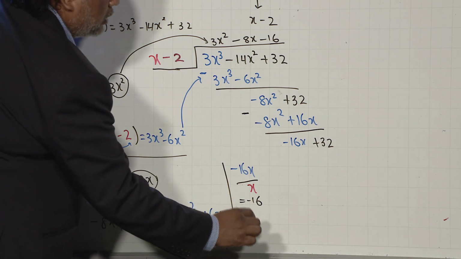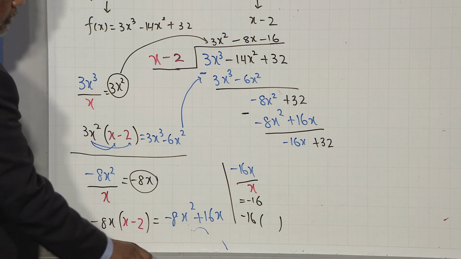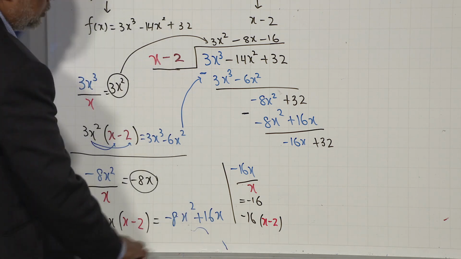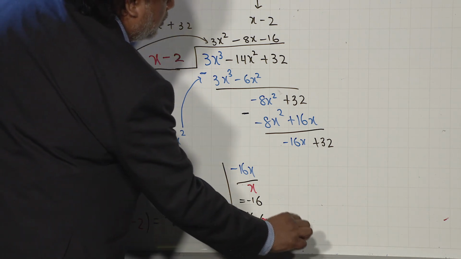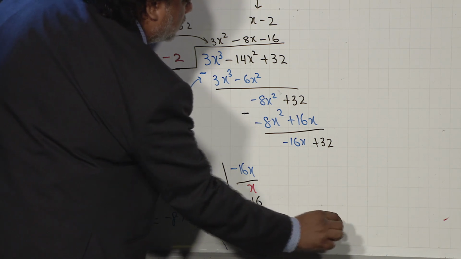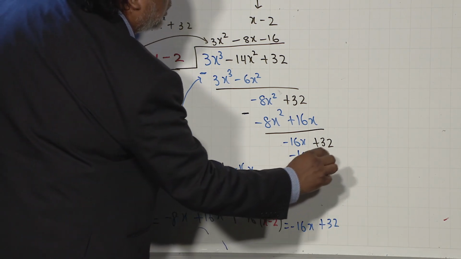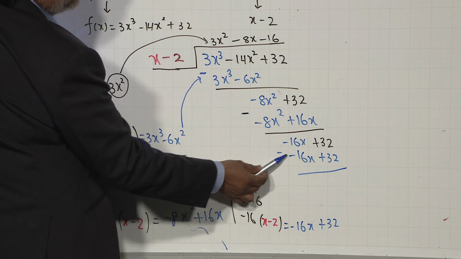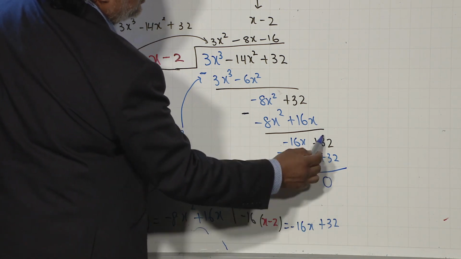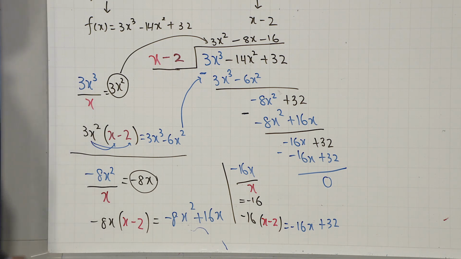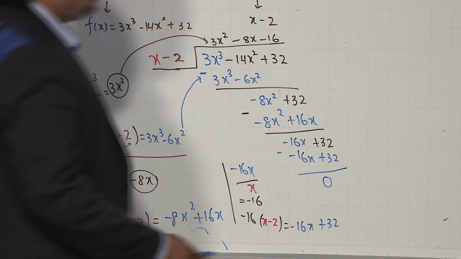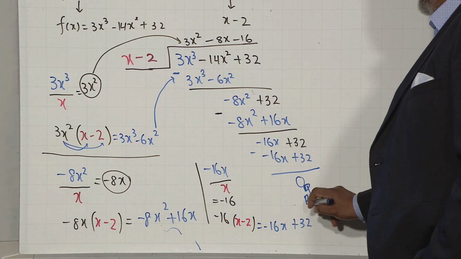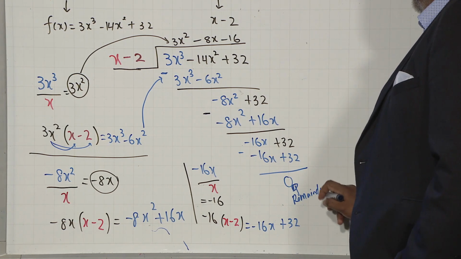Then minus 16 multiplied by x minus 2 gives me minus 16x plus 32. I subtract: minus 16x minus minus 16x is 0, and 32 minus 32 is 0. So what is the remainder? The remainder is 0. That's the answer.